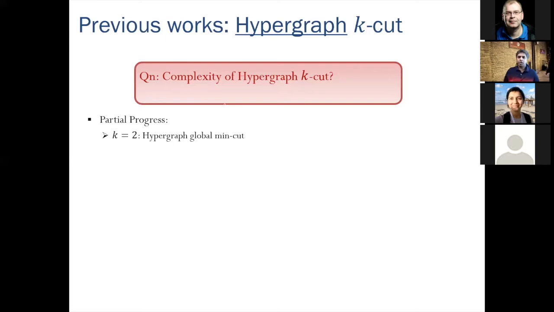Now, in order to solve min-ST cut in the given hypergraph, it suffices to solve a node capacitated max ST flow in the bipartite representation, which can be done in polynomial time. In fact, it can be done in deterministic polynomial time. So min-ST cut in hypergraphs can be solved in deterministic polynomial time. Do keep this in mind. We will come back and use this later. And this implies a folklore way to solve global min cut in hypergraphs.